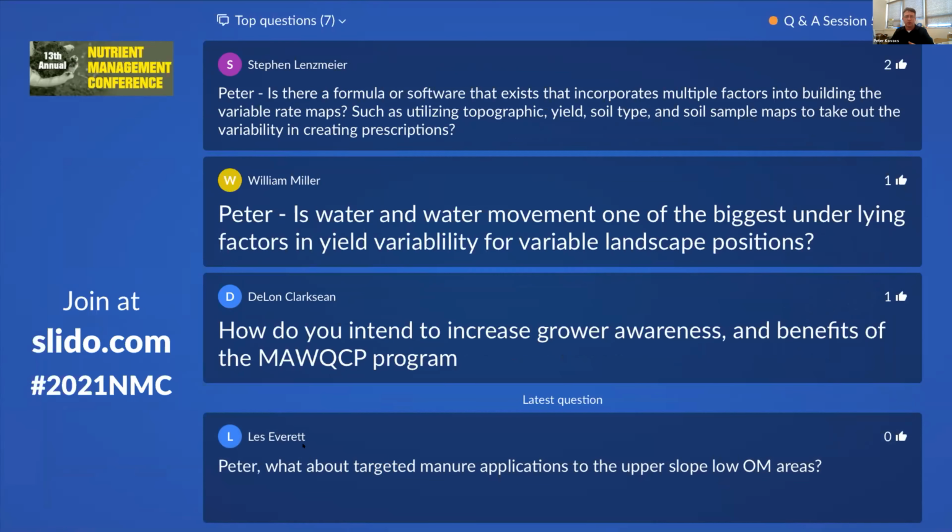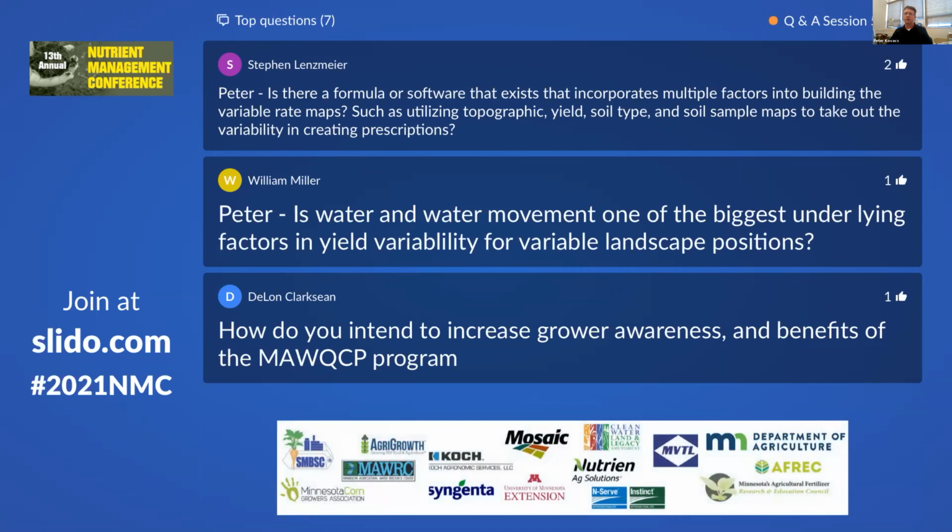If you have larger yield differences, your ROI is more likely to be positive than if you have just a couple of bushels' difference between low versus high positions. The other thing I would consider is how big the extent of that area is. Does it really make sense in terms of application, or can your equipment handle those small or large changes within the field? That's what we also have to consider.